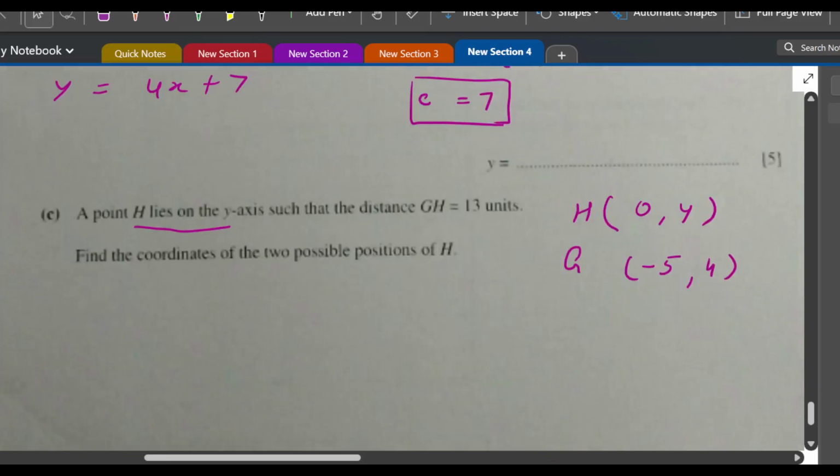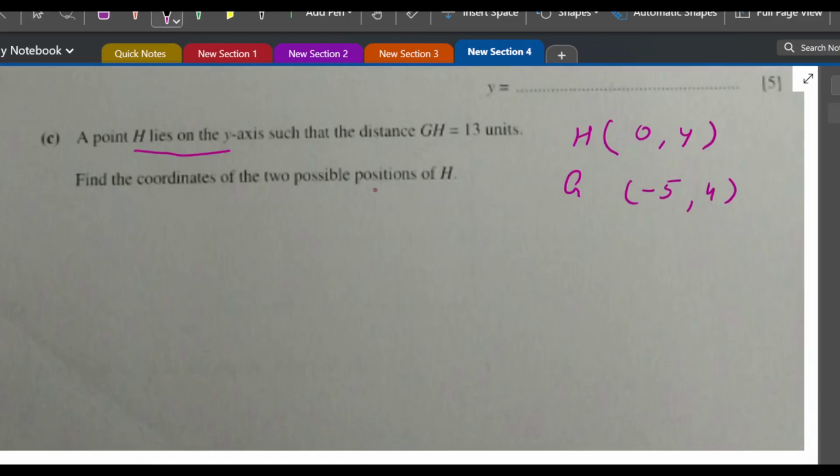Okay, and they said that h, okay, h is where? So on the y-axis I know the x coordinate. If it's on the y-axis, always yes.